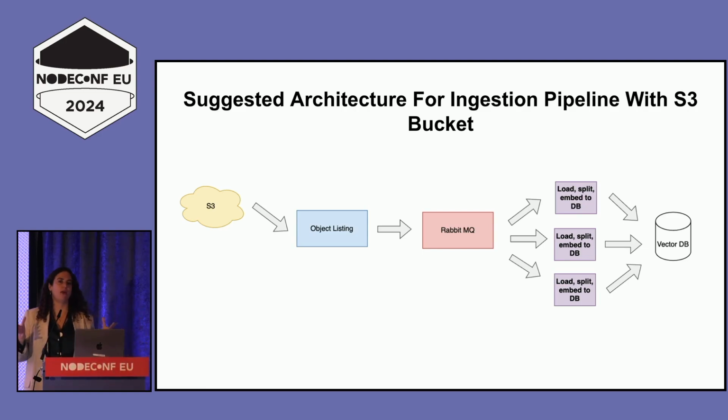Let's say that I want to ingest my entire S3 bucket into a vector DB. I would probably have to do it with the object listing APIs of the AWS SDK and list every file. Again, we transfer the file names, sorry, not the file content. And each consumer worker here would do the load, split, and embed to the DB.